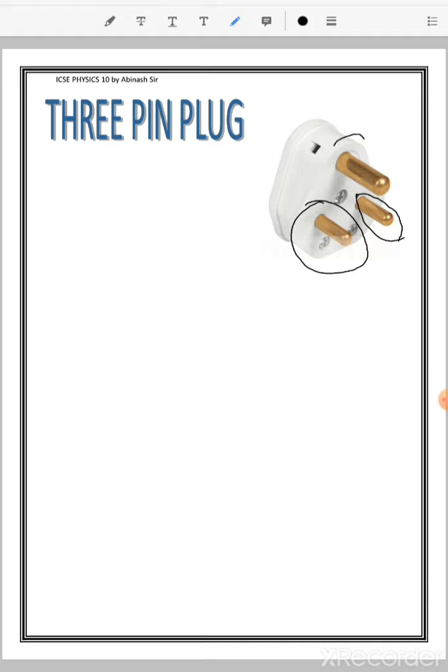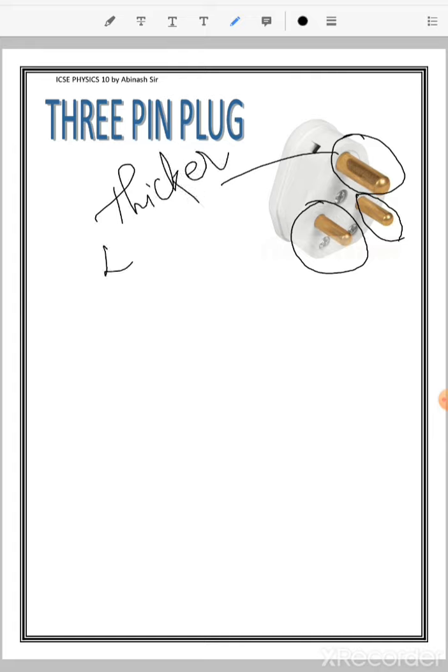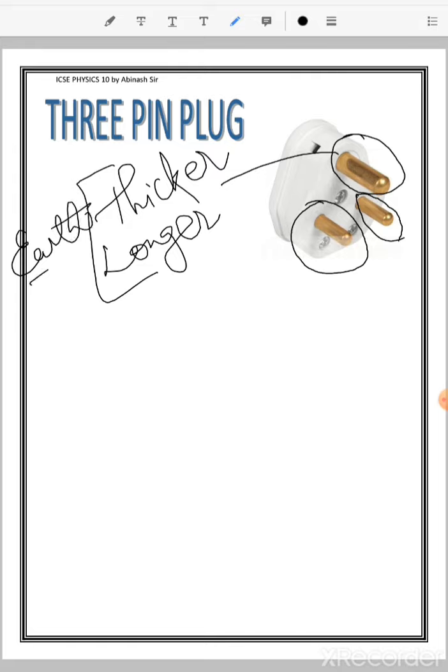But here on the top you see that it is thicker and also longer. The one which is thick and long is called the earth pin. Whereas the lower ones, which are smaller and a little thin compared to the earth pin, are either the live pin or the neutral one.